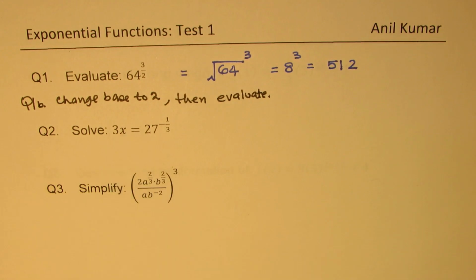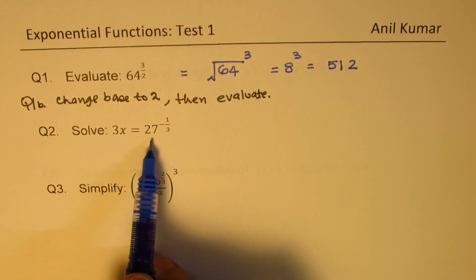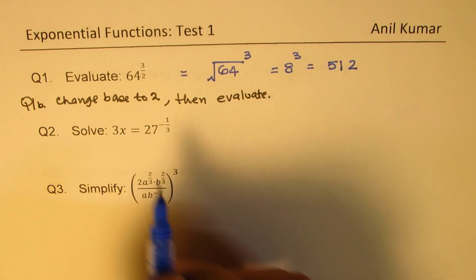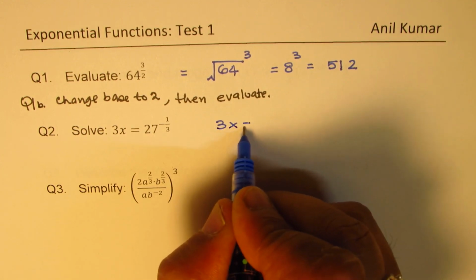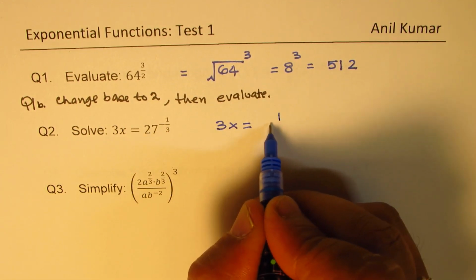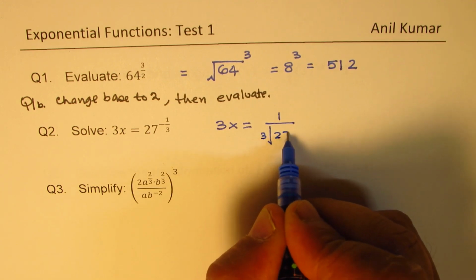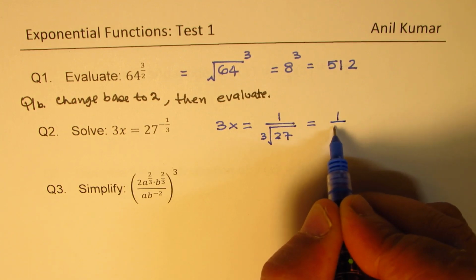Okay. Now let's take the next question, which is solve 3 to the power of x equals 27 to the power of negative 1 over 3. So cube root of 27. Now that really means we are writing 3 to the power of x is equal to, negative means 1 over, right? So 1 over cube root of 27. So cube root of 27 is 3, right?